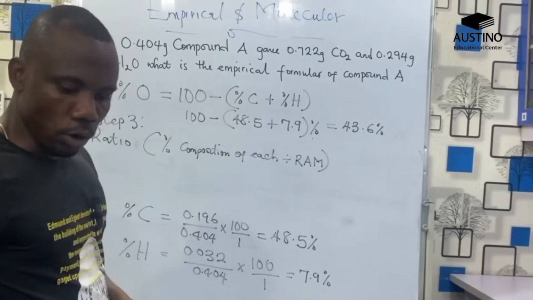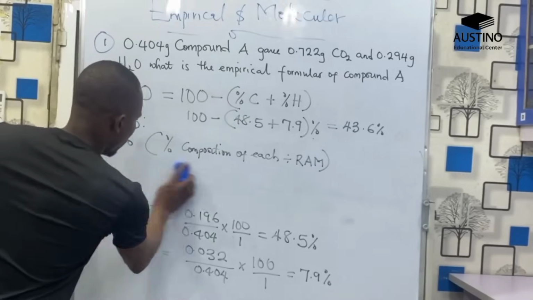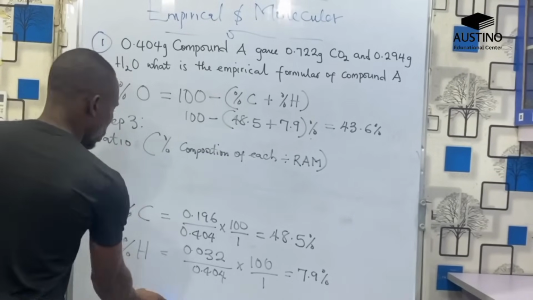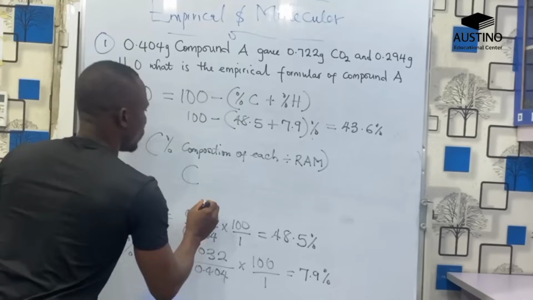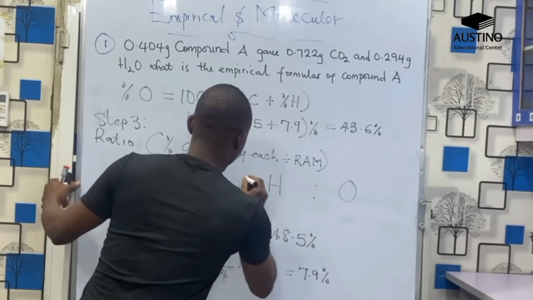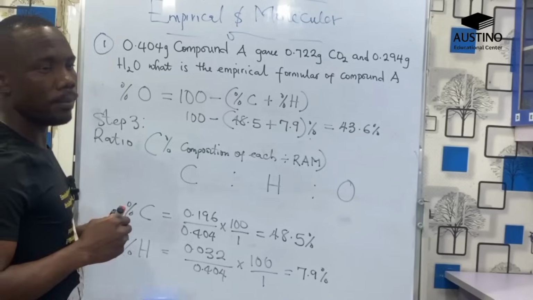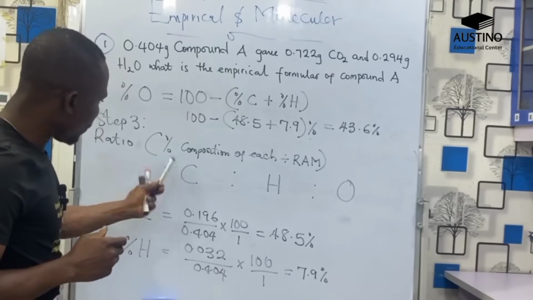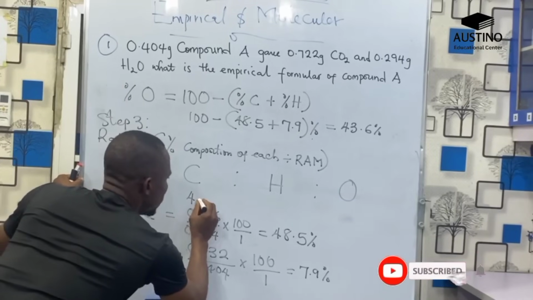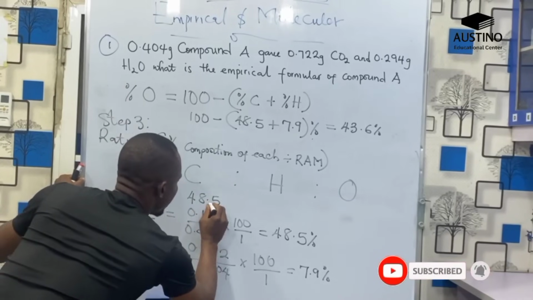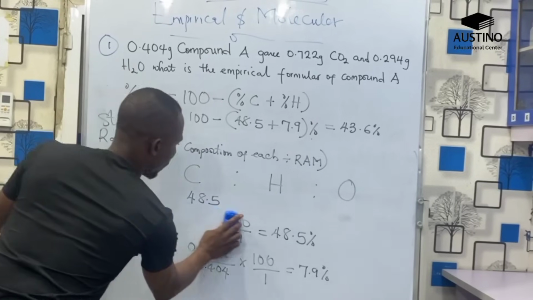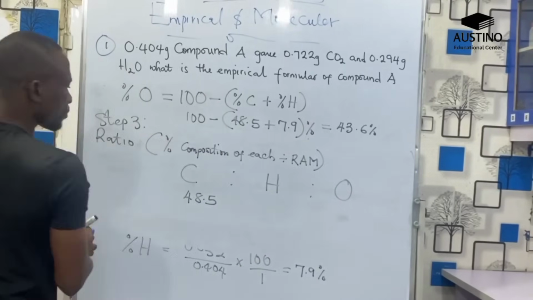Alright, so we set up our percentage, we set up our ratio. So for this, bring out the elements in question. What are the elements? We have carbon, we have hydrogen, and then of course we have oxygen, all in ratio form. For carbon, what is the percentage there? We have 48.5% for carbon.